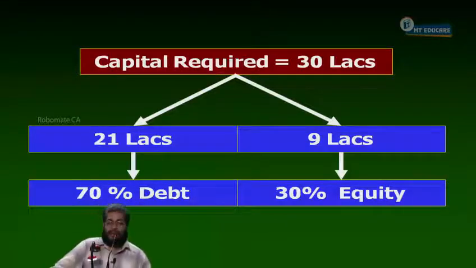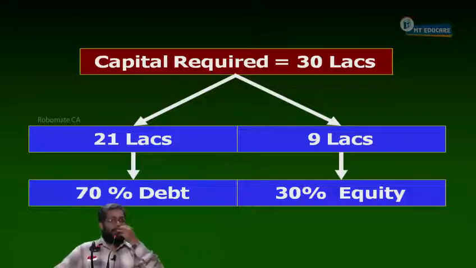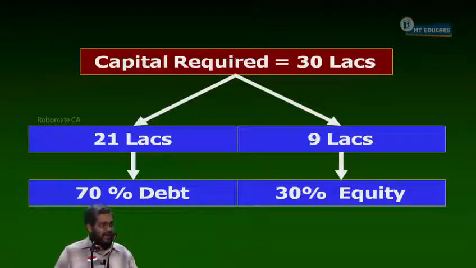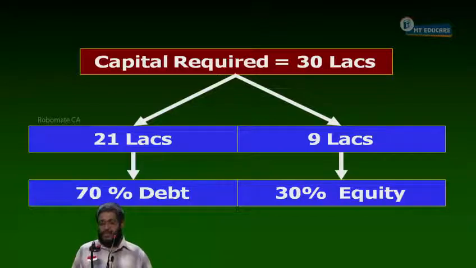Write down: capital required 30 lakhs, branch it into 2. 21 lakhs and 9 lakhs. 21 lakhs is 70% debt. 9 lakhs is 30% equity. Can I proceed or not?